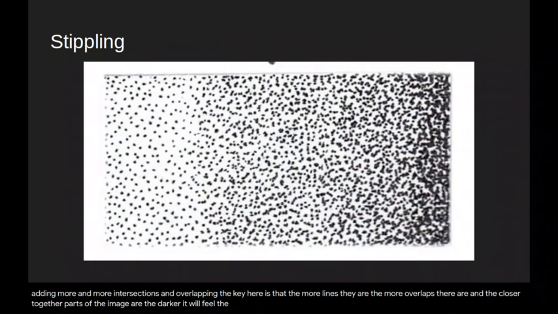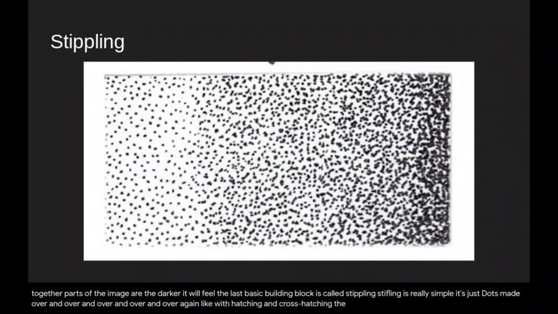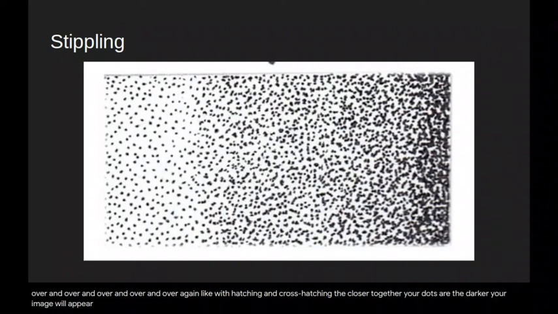The last basic building block is called stippling. Stippling is really simple. It's just dots made over and over and over again. Like with hatching and cross-hatching, the closer together your dots are, the darker your image will appear.